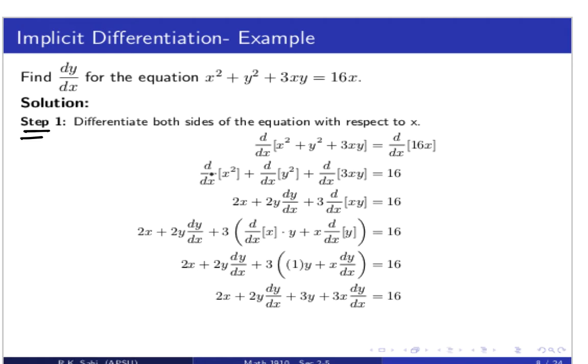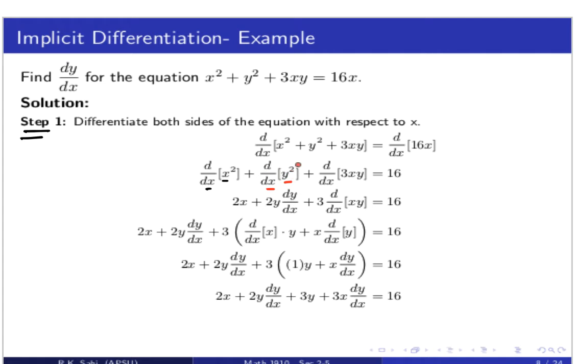So d dx of x squared plus d dx of y squared plus d dx of 3xy. Now, the first expression, x and x are agreeing with each other. It's a simple power rule, so it is 2x. But the next one, notice the x and the y squared, they are not agreeing. So what you're normally going to do is apply the chain rule.